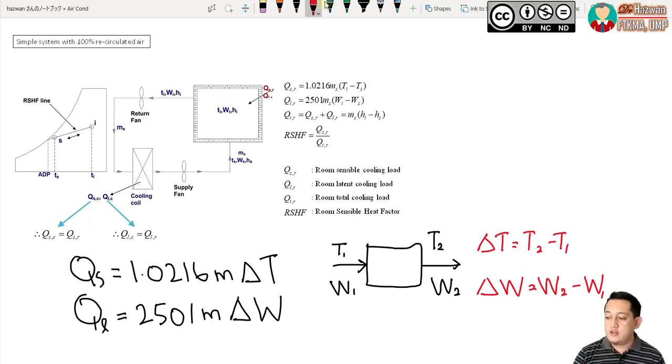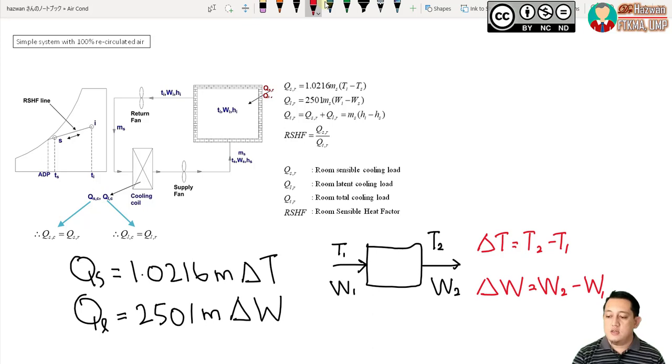So if we have an area here, to calculate sensible heat we use this one multiplied with delta T, and for latent heat this one multiplied with delta W. Based on this basic equation, how do we calculate the cooling coil? This one here is for the cooling coil.